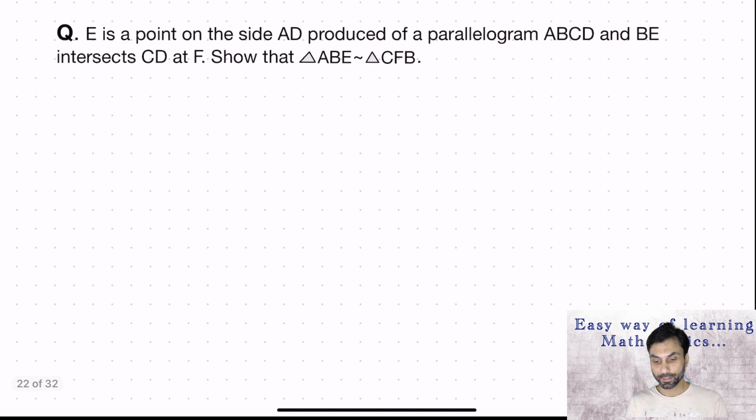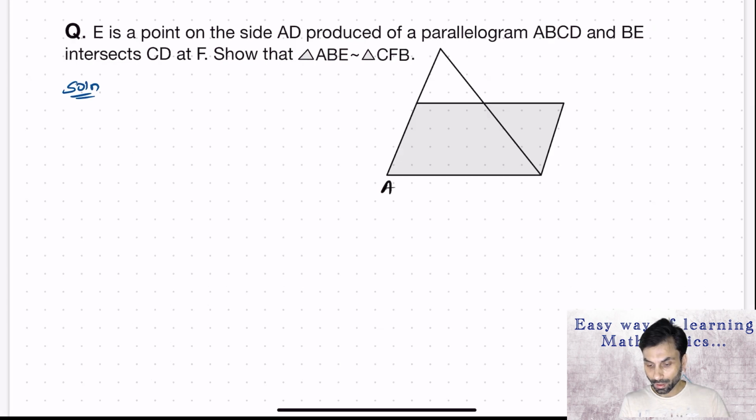Next question is: E is a point on the side AD produced of a parallelogram ABCD and BE intersects CD at F. Show that triangle ABE is similar to triangle CFB. Let's prove it. So we'll draw a parallelogram ABCD.